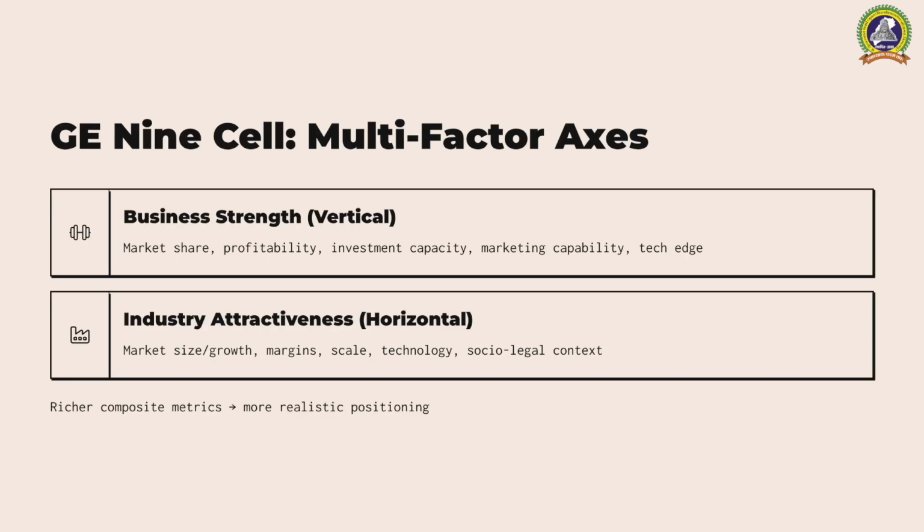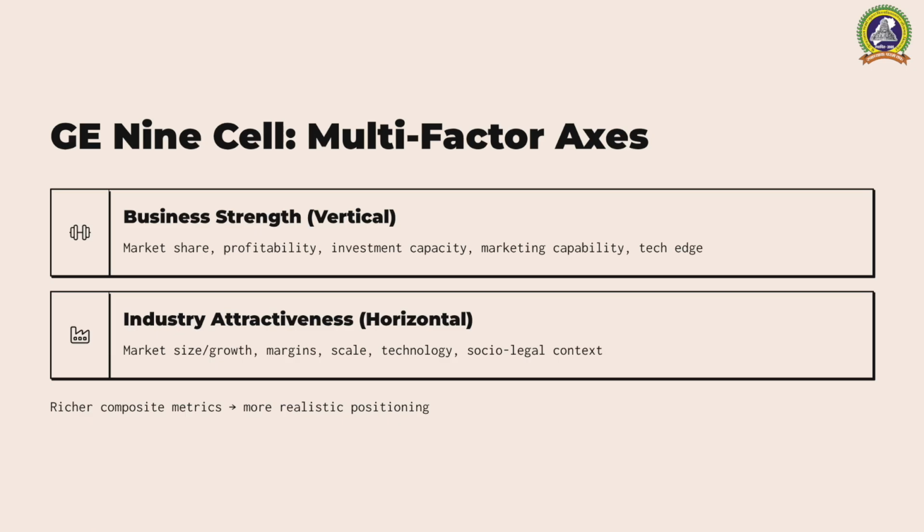Let's look at these two axes in more detail, as they are more comprehensive than the BCG's axes. The first dimension is business strength, which is represented on the vertical axis and quantified as strong, average, and weak. What constitutes business strength? It includes all the positives an organization can add to its growth and prosperity.